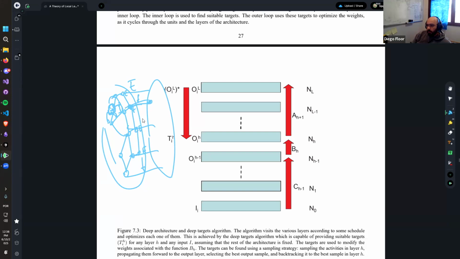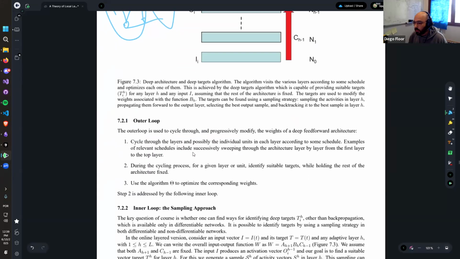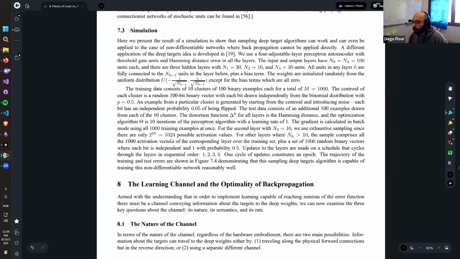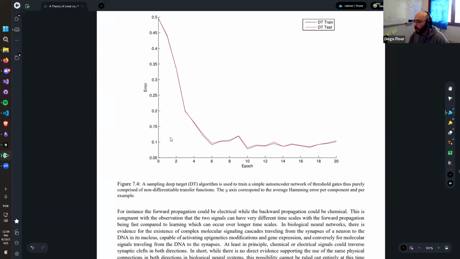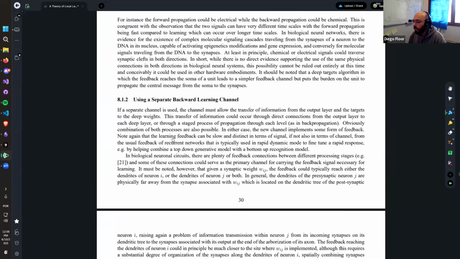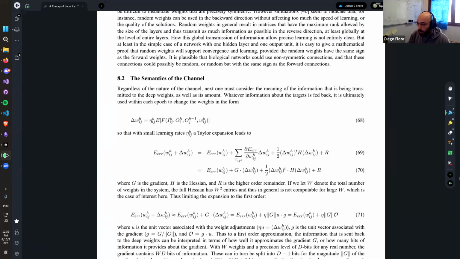It's still local in a sense, but physically it's very difficult to build something that does that, but that's the idea. Meanwhile, backpropagation is equivalent to, what was it called, deep targets, which I didn't get time to understand exactly. But yeah, I think this is the edge of my understanding of this paper.